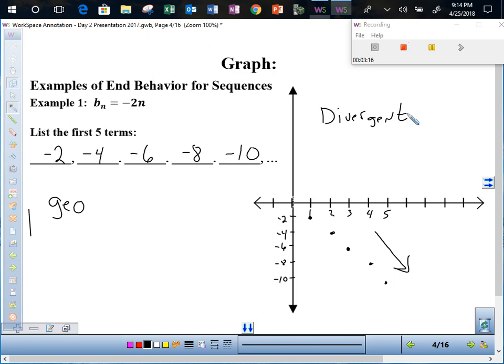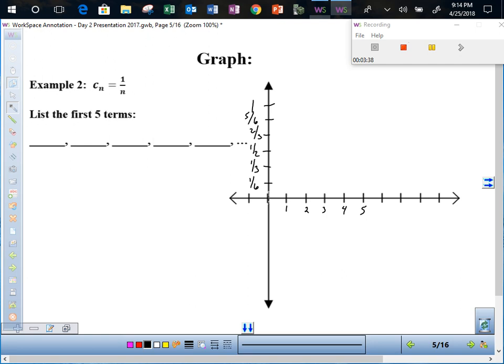Because it does not approach a number, it grows, or in this case shrinks, forever. So this is divergent. In this case, I'm going to say the limit does not exist because we do not approach a number. So that's all I've got on the first one. Let's look at your second one and see what happens.